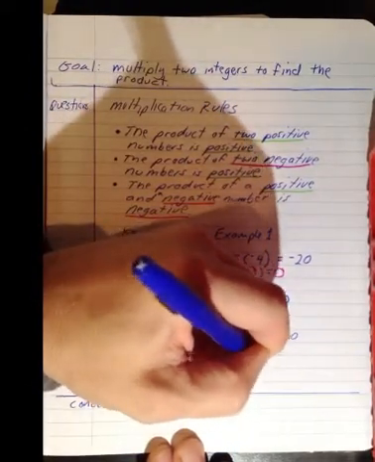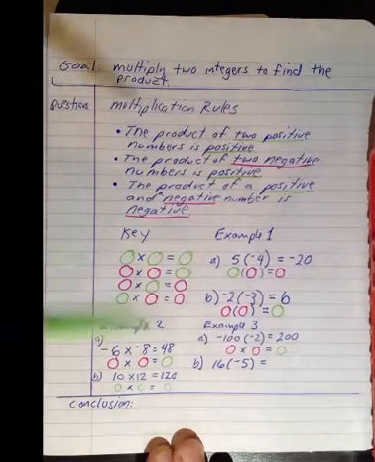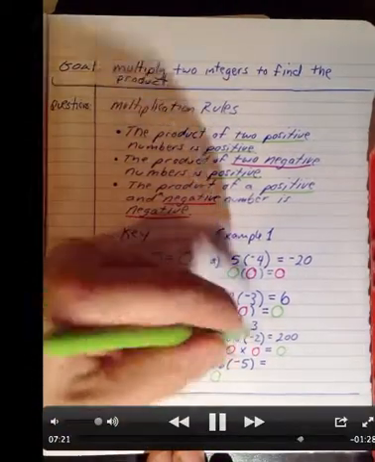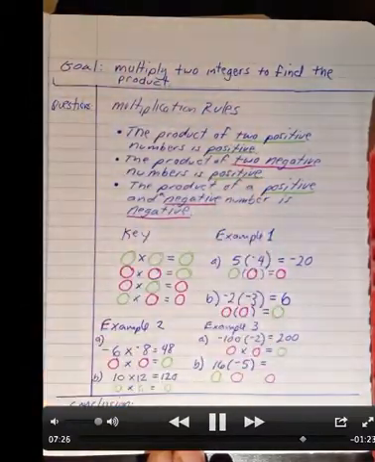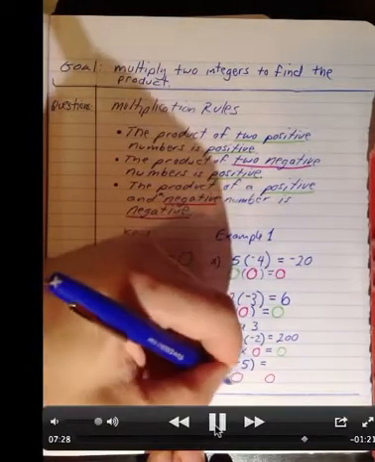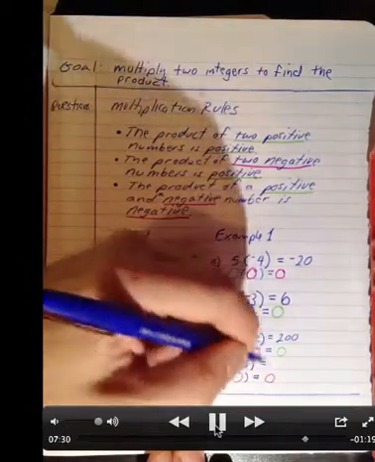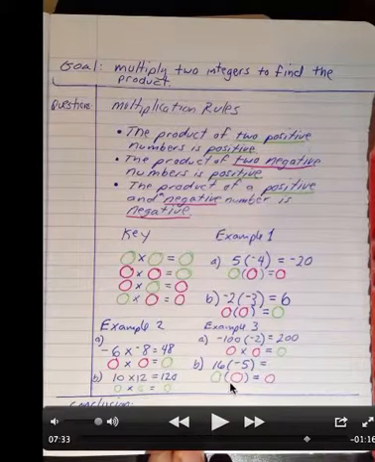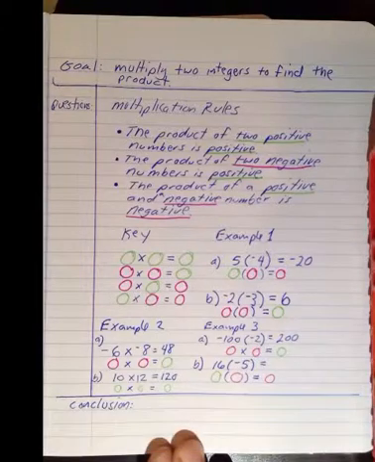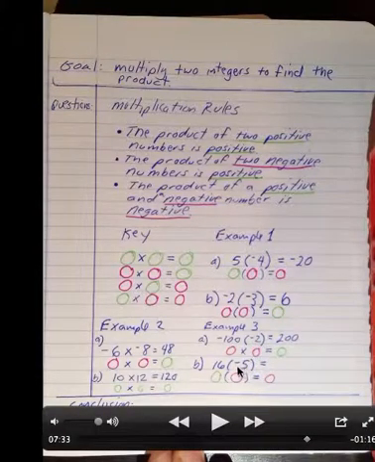And the last one, 16 times -5. Okay, I want to stop here and point out that even though the 16 is bigger than the 5, it has a greater absolute value, the answer is still negative.